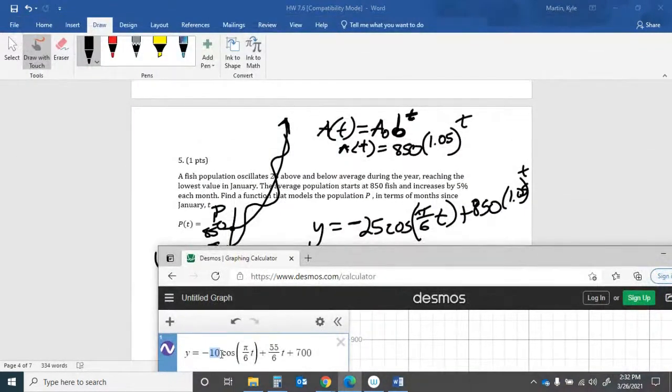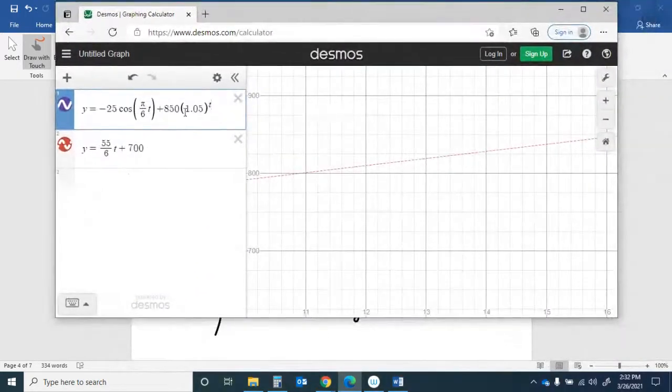So y equals negative 25 cosine pi 6t plus 850 times 1.05 to the t power. It'll be hard to get a good look at this. All right, then let's do the midline same way.